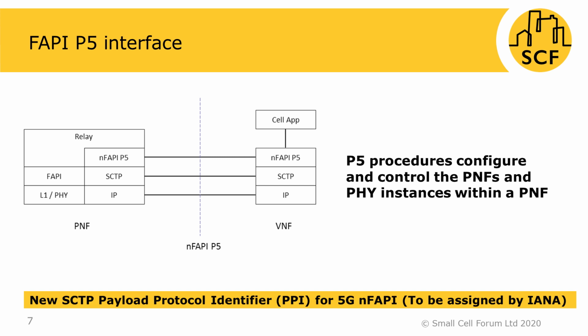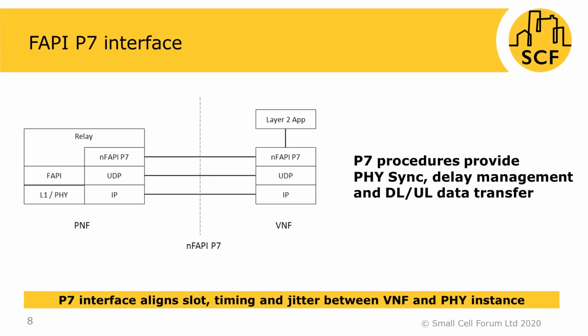Small Cell Forum will get this assigned, and with that, this P5 procedure provides reliable delivery of signaling messages over an SCTP link. The next interface is the P7 interface, and in P7 procedures we provide the PHY sync, delay management, and the APIs for uplink and downlink data transfer. If you look at the stack diagram here, the layer 2 sends the data over a UDP interface.